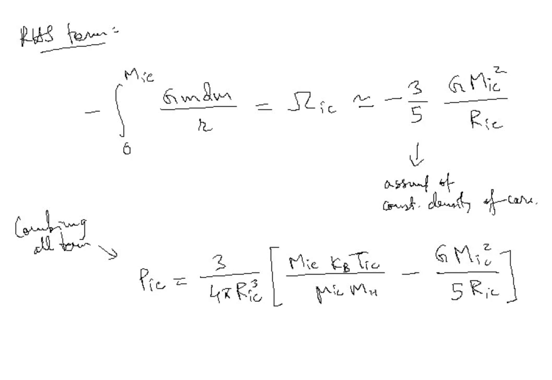Okay, now you see the term in the brackets is quadratic in MIC. This is MIC to the power 1, this is power 2, and so this means that there is a maximum value of MIC.